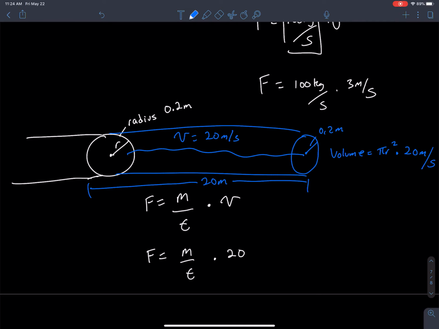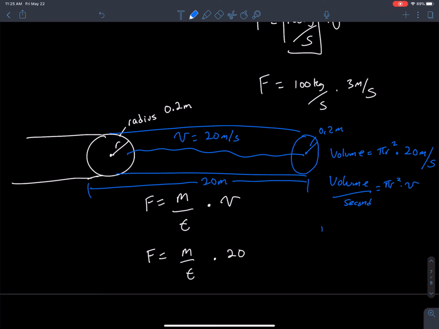So if I multiply the surface area times the velocity, what I'm actually going to get is the volume per second, equal to pi r squared times my velocity. That's how much volume of water I'm getting out per second.